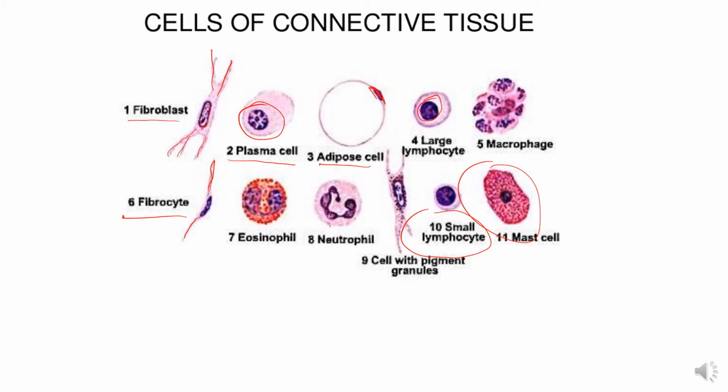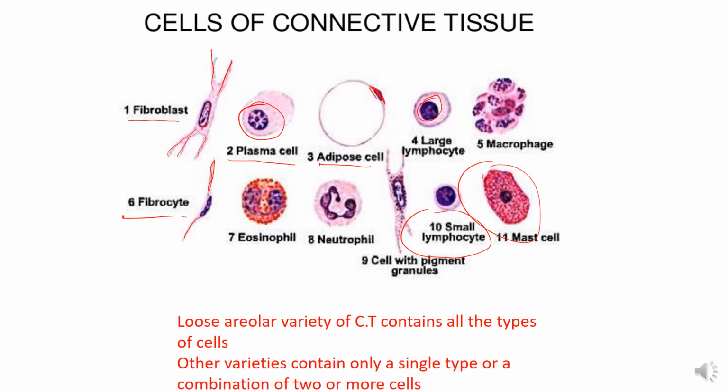Mast cells have granules in them. So this is a cell which is full of small granules. Loose areolar connective tissue contains all these types of cells, but other varieties contain only a single type or a combination of two or more cells.